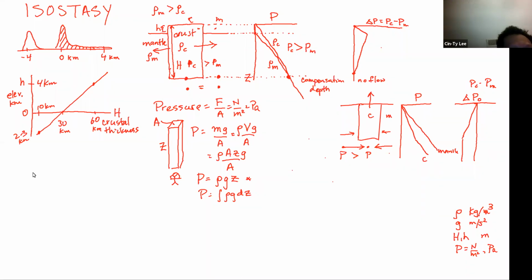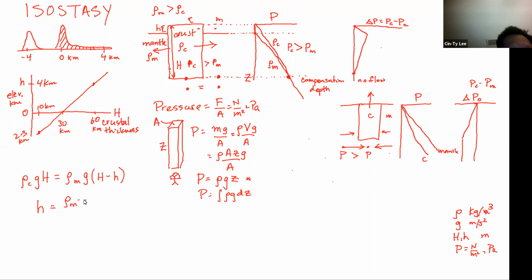So in the crustal part, it would be rho C g times the crustal thickness, equals H, right? And then in the mantle part, it'd be the density of the mantle times g, and times the thickness of the mantle to the compensation depth, which would be the crustal thickness minus the elevation that it sticks above the mantle.